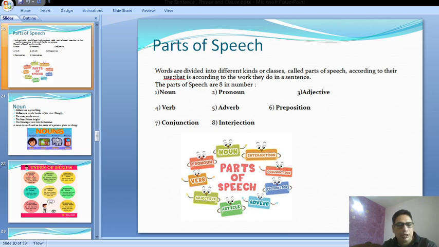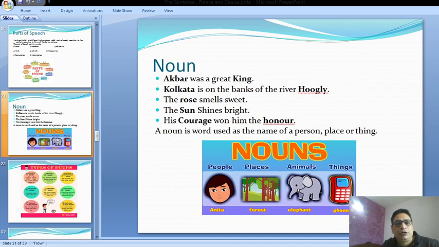Now let's come out of the pronunciation part and shift to what is a noun. Let's read a few sentences where we get examples of nouns. Akbar was a great king. Here, Akbar and king are marked in bold. Kolkata is on the banks of river Hooghly.